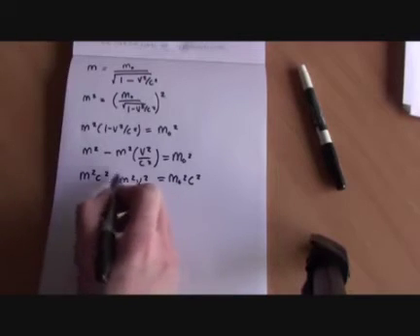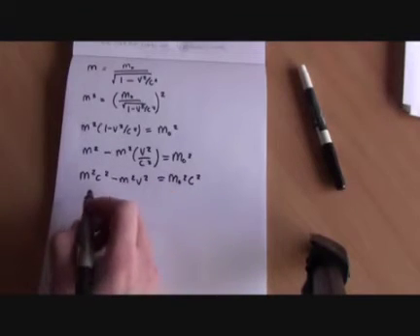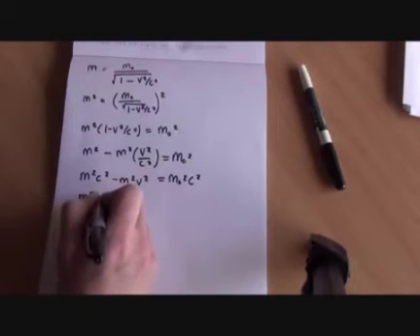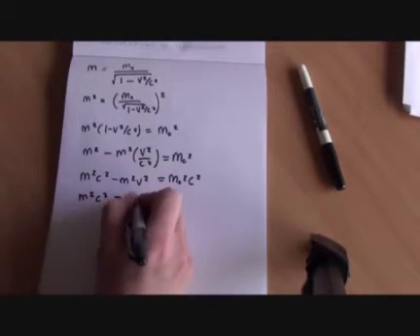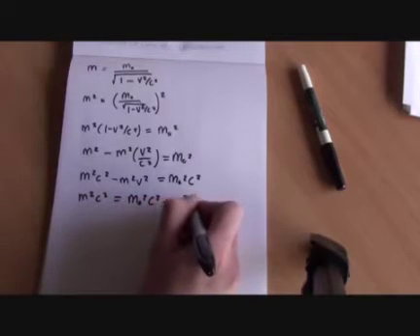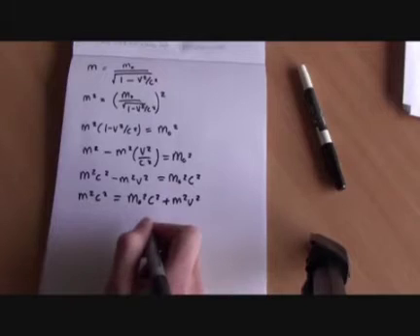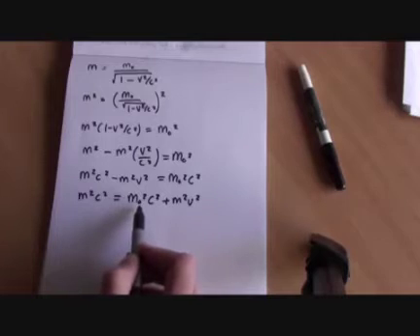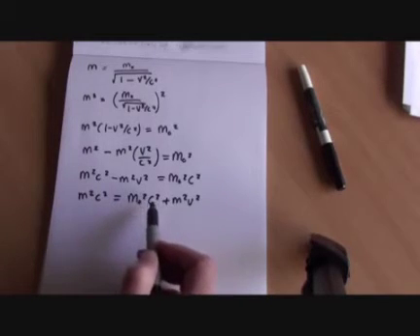I'm going to rearrange it, so I'm going to take this section over there, I'm going to add m²v² on both sides. So we get m²c² is m0²c² plus m²v². Simple? Now, because we talk about a situation where m0²c², that's just a constant, isn't it?